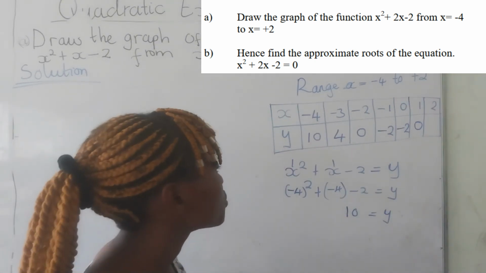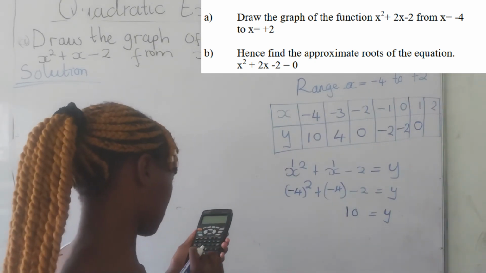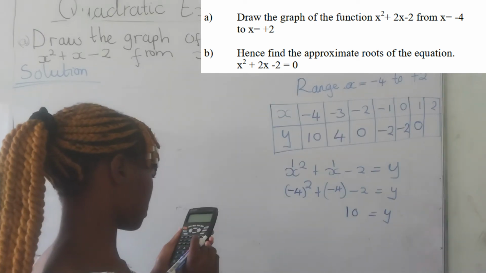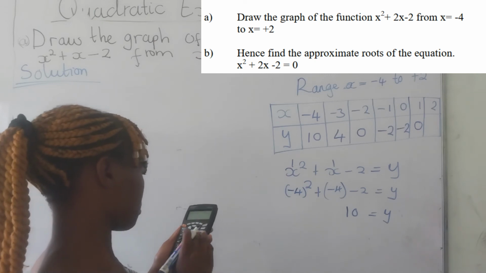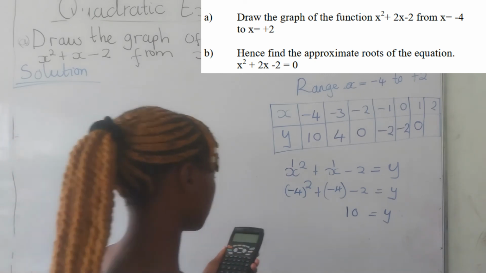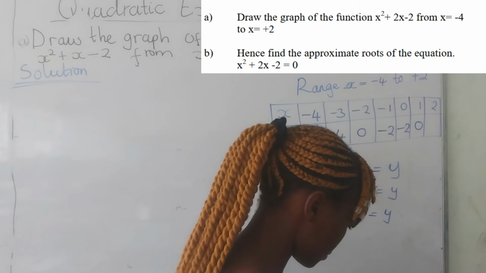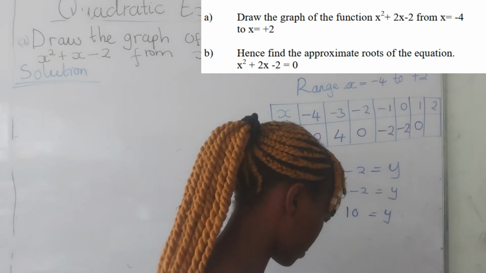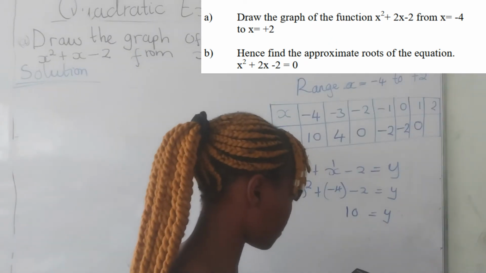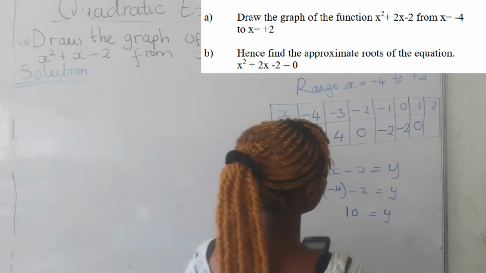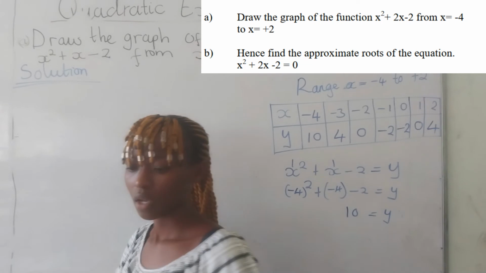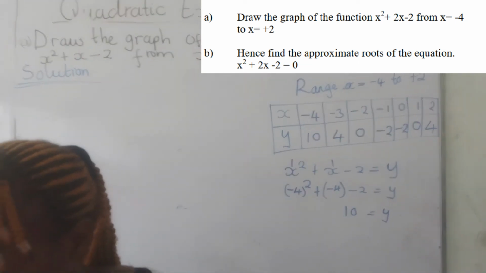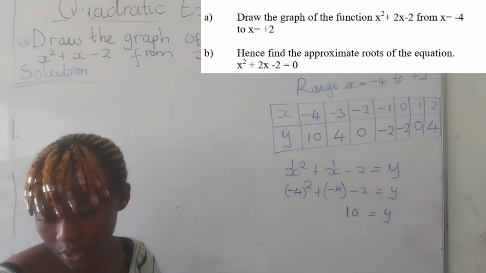Now for 2. It's 2 squared, there's 2, minus 2. 2 squared plus 2 minus 2 gives 4. Okay, so this is how it's going to be.